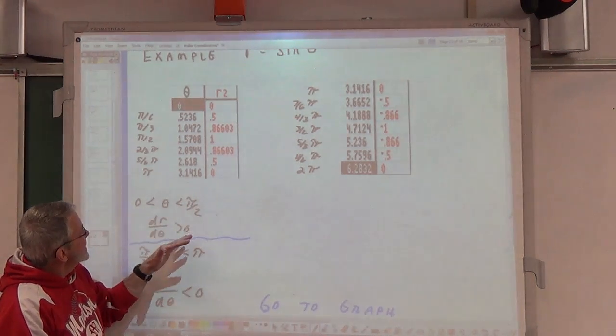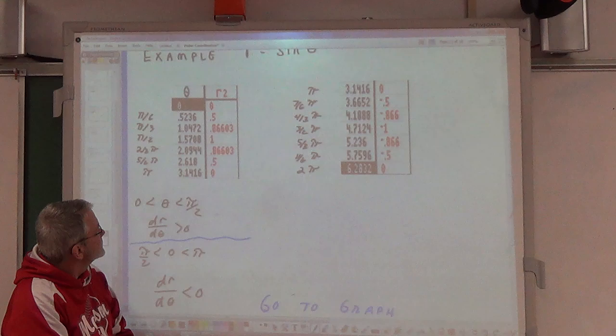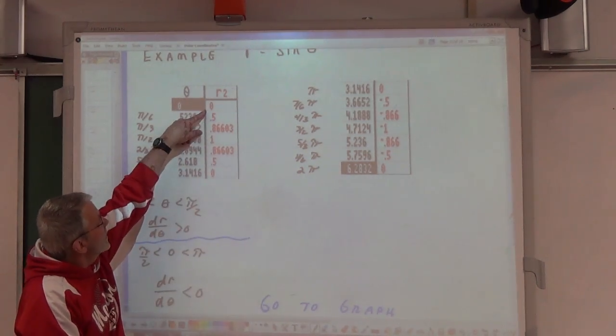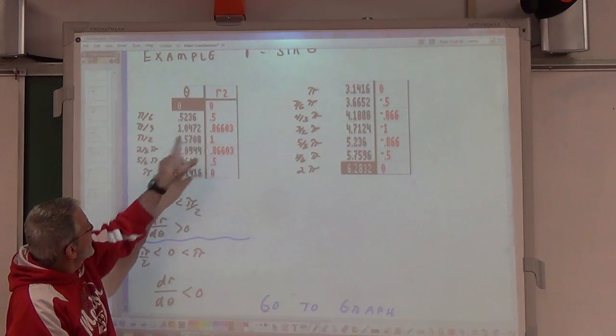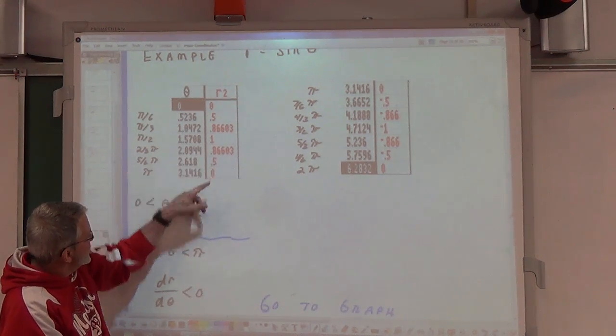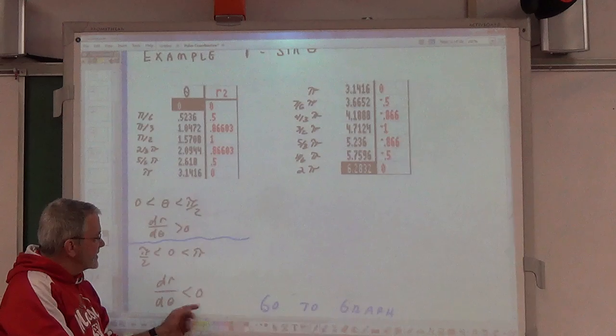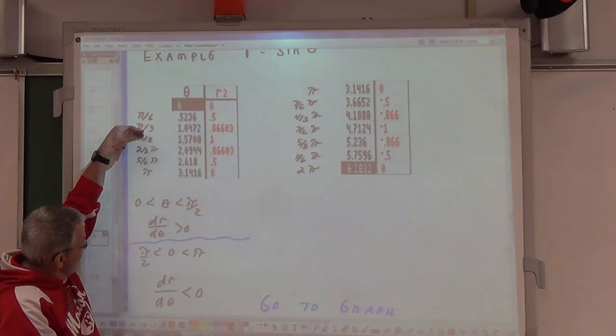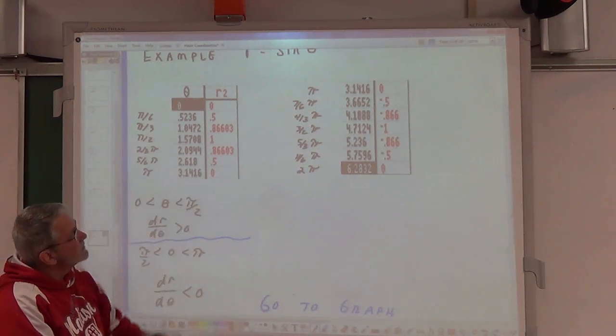Dr d theta must be positive, because my r's are increasing up to pi over 2, and then at pi over 2 they decrease. So dr d theta is less than 0 between pi over 2 and pi.